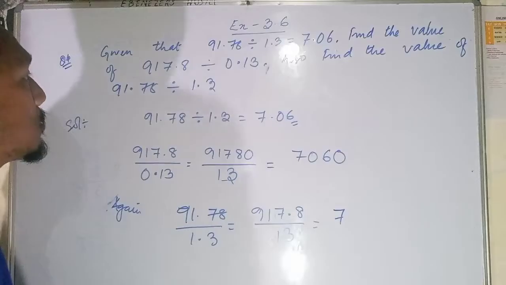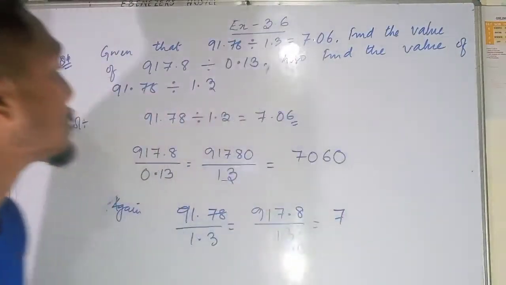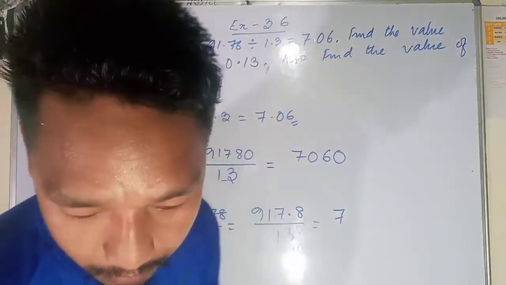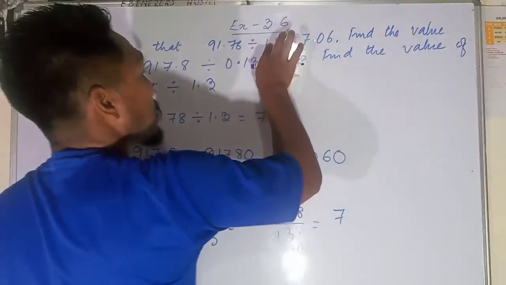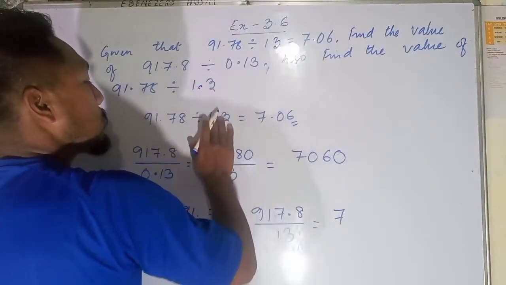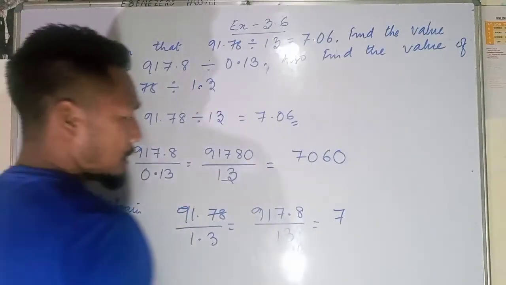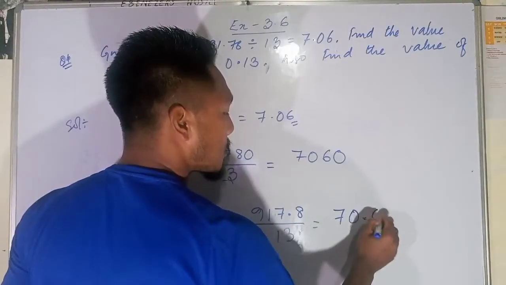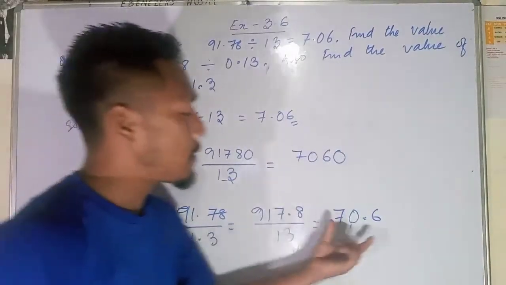We have made some mistakes in the questions. Previously it is not 13, it is 1.3, so here it is 13. So we will get 70.6.